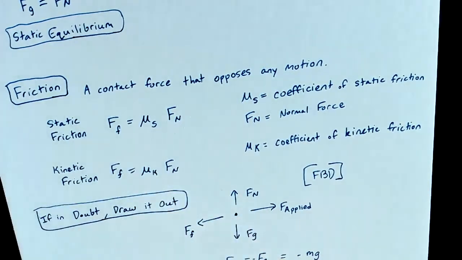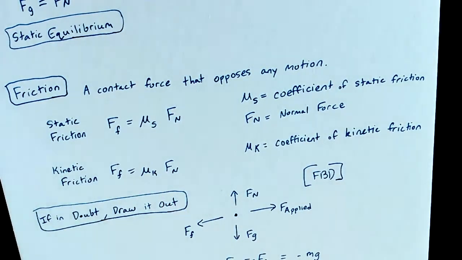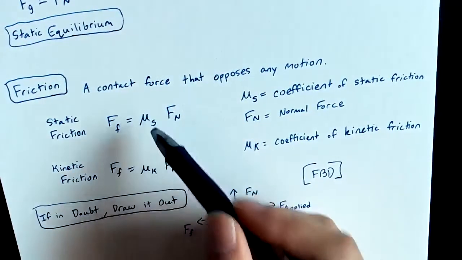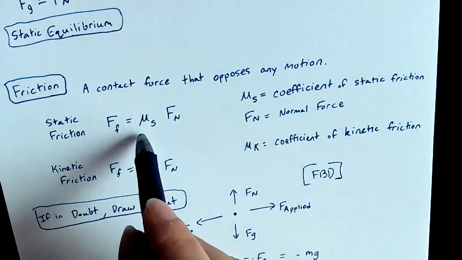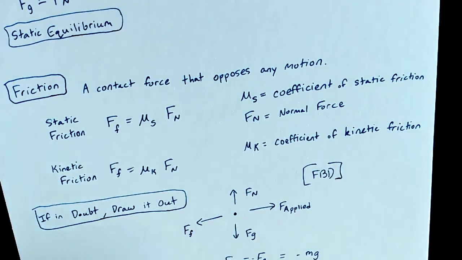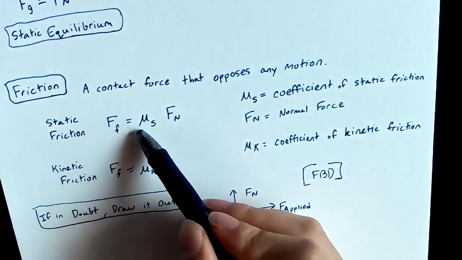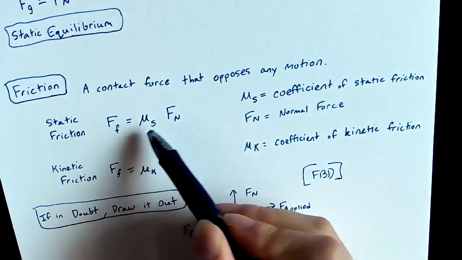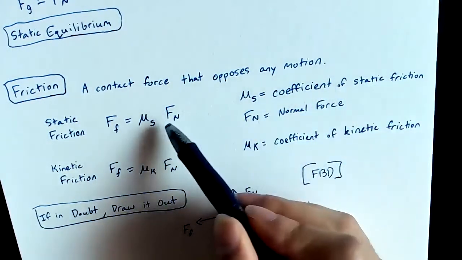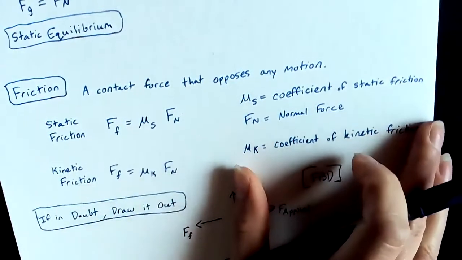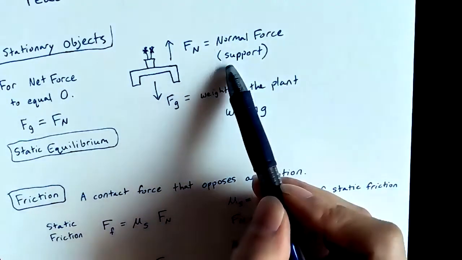But if you're on a smooth surface like ice, you see how ice skaters glide, there's not a lot of friction going on. So this coefficient will be lower in smoother surfaces. So we have the force due to friction is equal to the coefficient of static friction times the normal force. And that is just the support force up here.